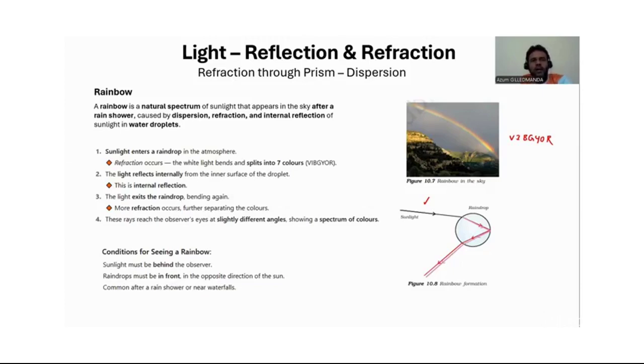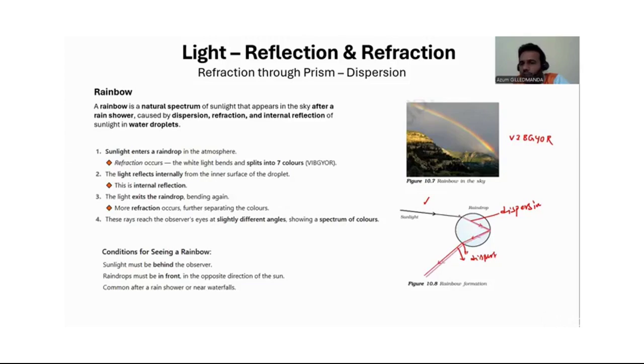So to say exactly, a rainbow is a natural spectrum of sunlight that appears in the sky after a rain shower, caused by dispersion, refraction, and reflection, right? So here it is dispersion. This is dispersion. And here, this is also dispersion, right? At this surface, it is further dispersed.